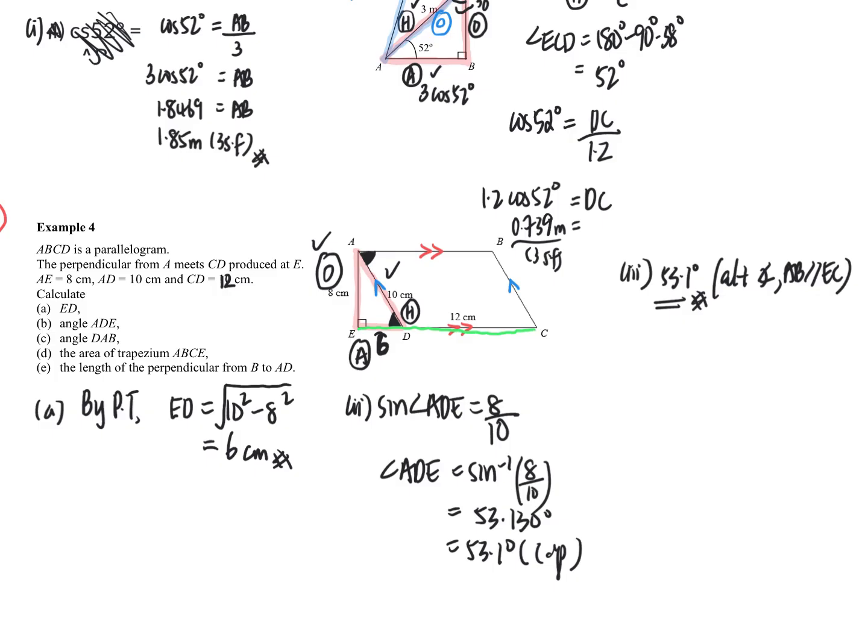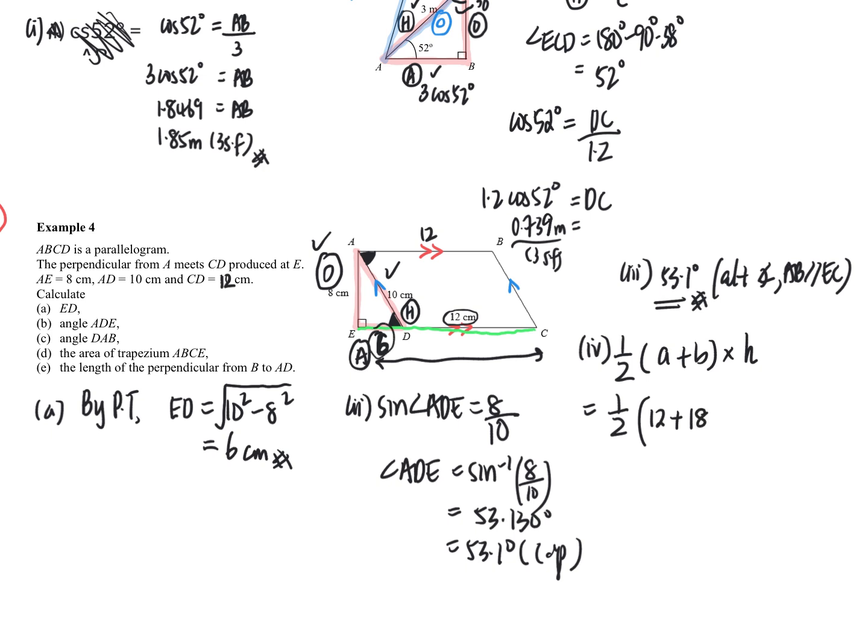Okay, then area of trapezium, the whole thing. Can you all still remember the area of trapezium formula? Half times sum of parallel lines times the height. So, first thing first, this length is the same as this. They are both 12. Opposite sides of parallelogram, same length. So, 12 plus the bottom base, which is 6 plus 12, so 18.